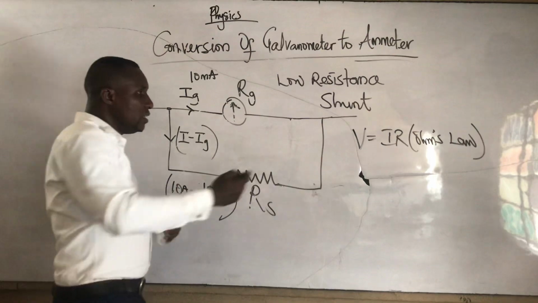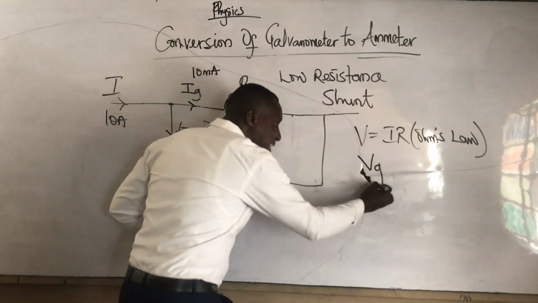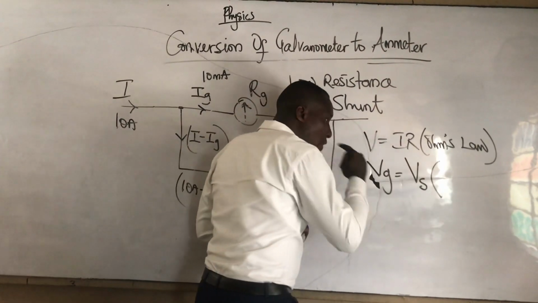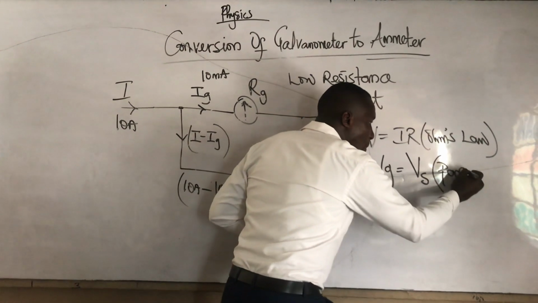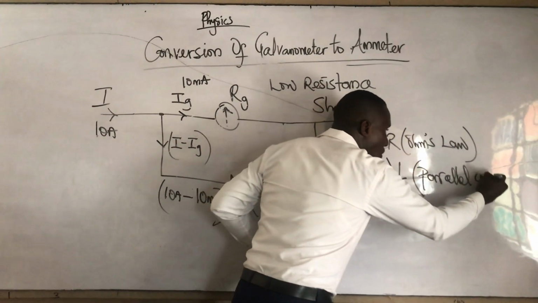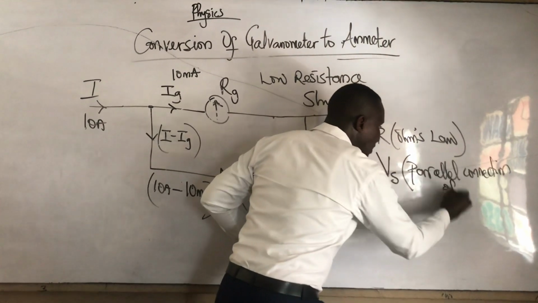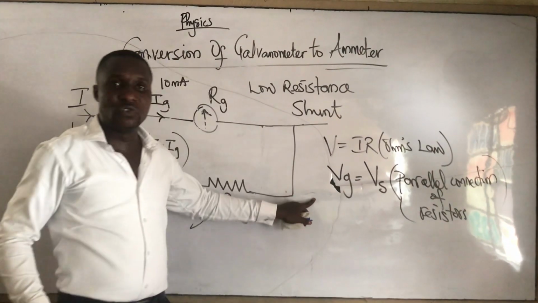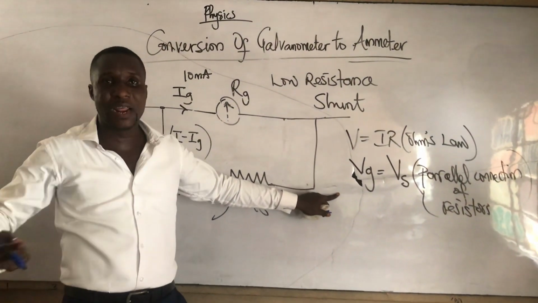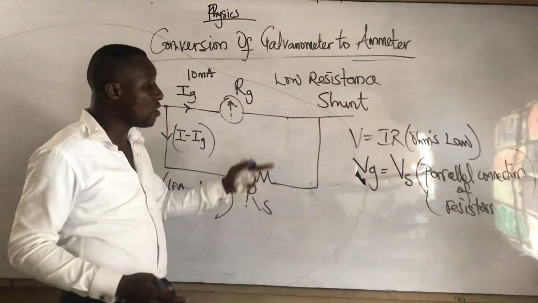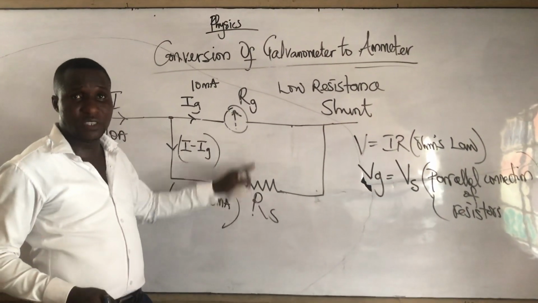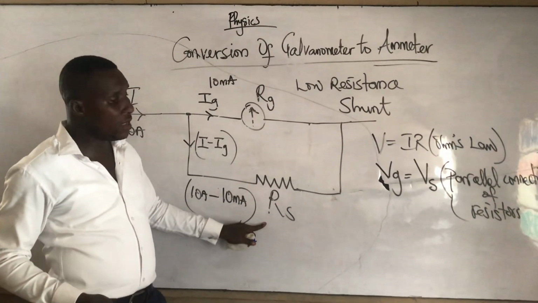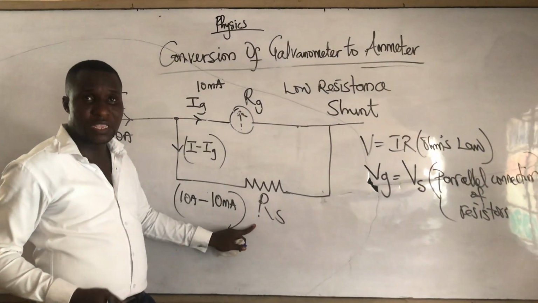I can simply say the potential difference of the galvanometer equals the potential difference of the shunt. From the parallel connection of resistors, when two or more resistors are connected in parallel, they have the same potential difference across them. That means the potential difference across the two is the same.